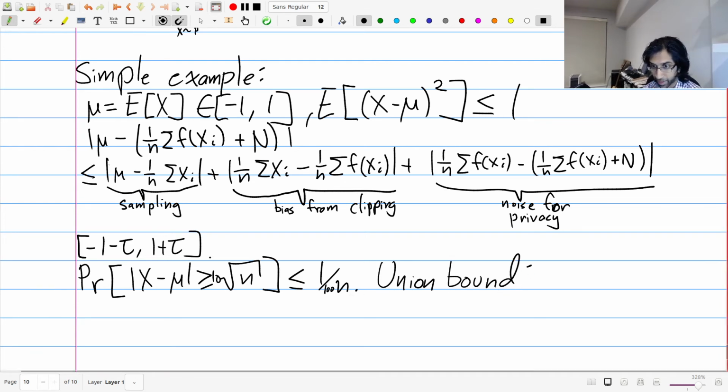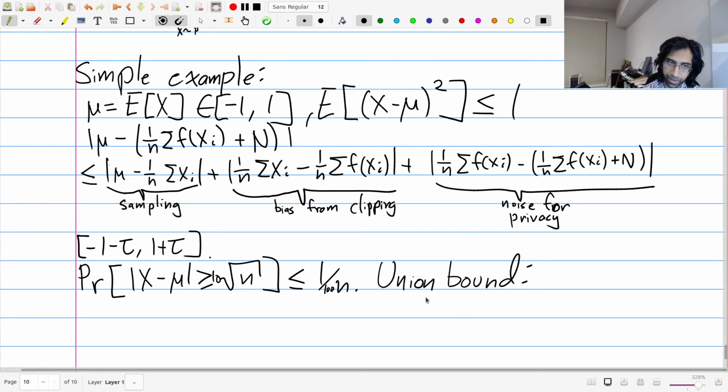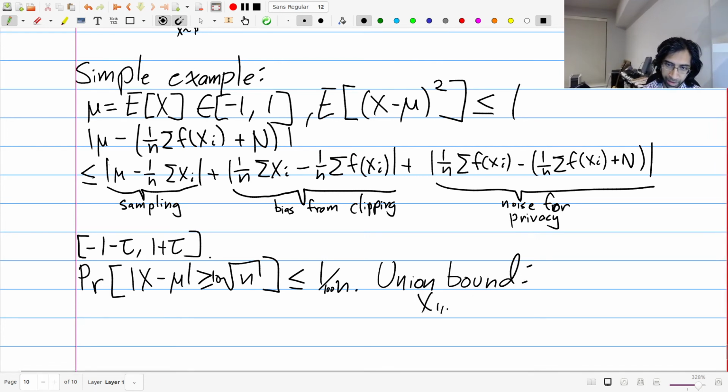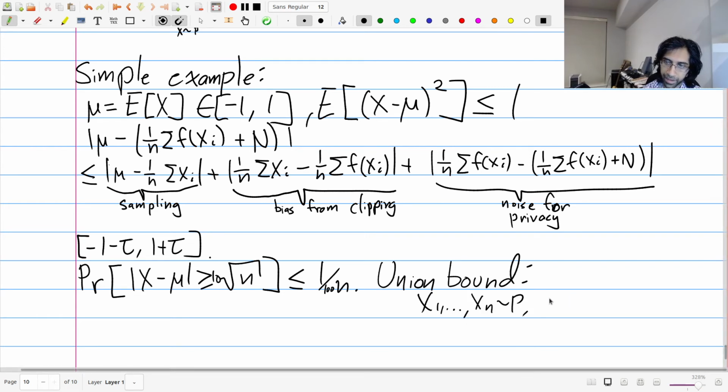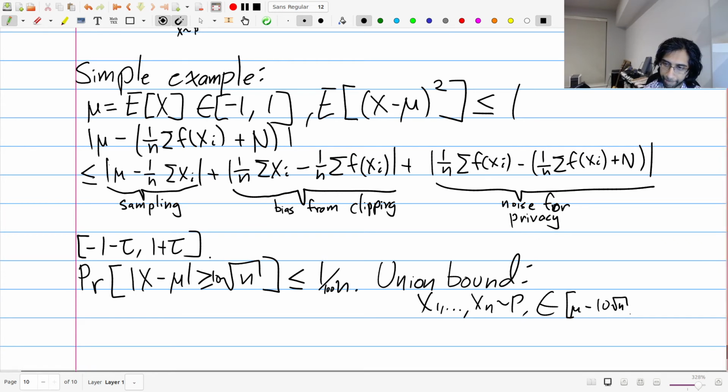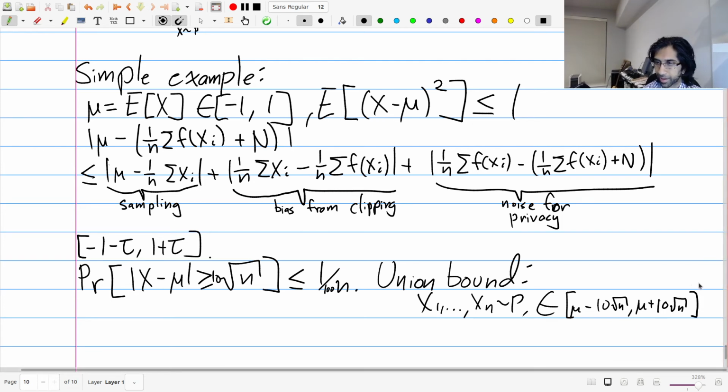Let's say that by a union bound, if you draw n samples from this unknown distribution P, then they're all in the range mu minus 10 square root n to mu plus 10 square root n with pretty high probability, let's say 99% probability.